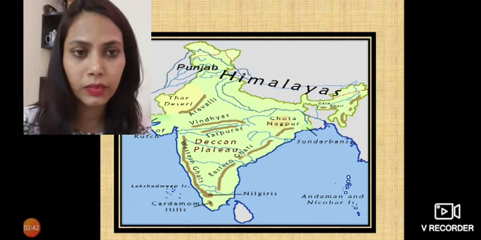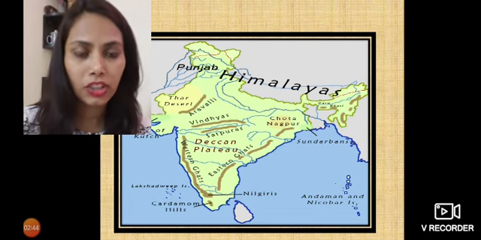Then in the same map you can see the Chota Nagpur Plateau. That is in the east of India, where Jharkhand, Bihar, Chhattisgarh are. That side you will find Chota Nagpur in the map. Then down south, you can see the Nilgiris and the Cardamom Hills.